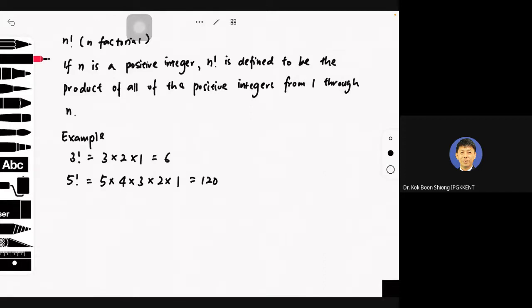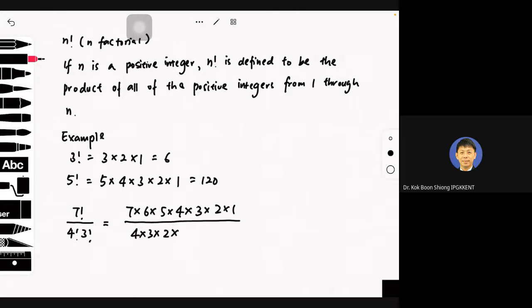If we have something like 7 factorial divided by 4 factorial and 3 factorial, this will equal 7 times 6 times 5 times 4 times 3 times 2 times 1, divided by 4 times 3 times 2 times 1, and again another 3 times 2 times 1.